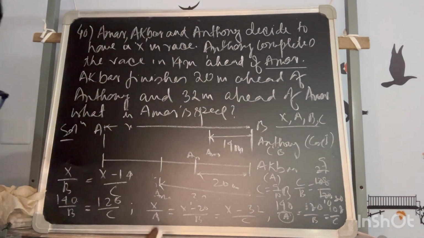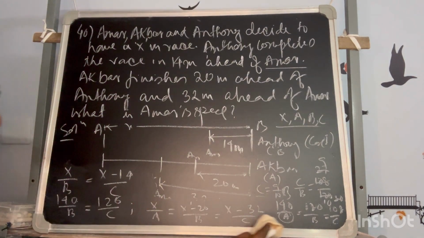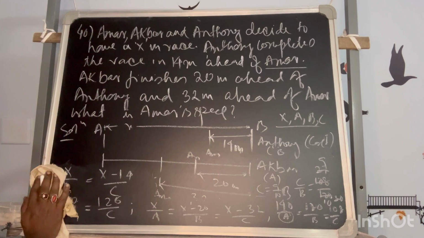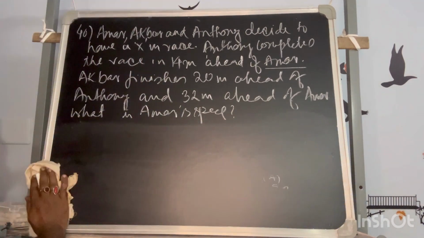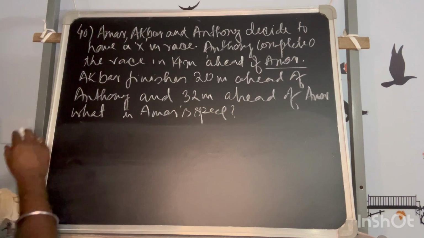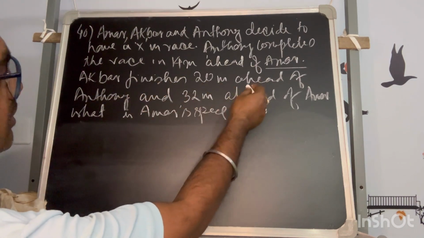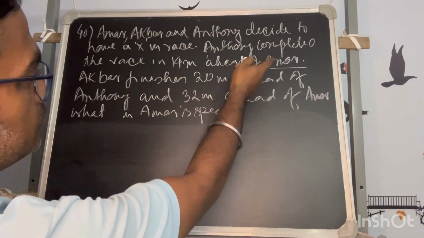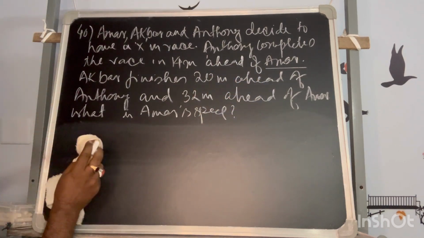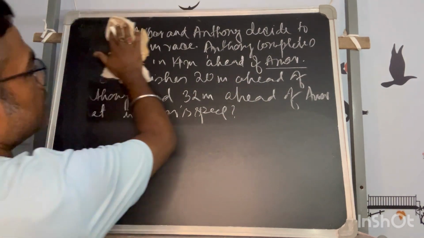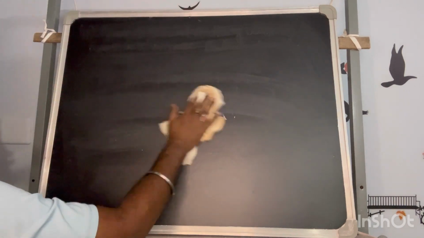But ultimately you will not get a definite value of a, b, c, rather you will get a comparison value. So the first equation will be the elaborate one. The second equation is a direct answer where you get the Amar speed with respect to the Anthony speed. Okay, so both processes are correct, but ultimately the answer would be 9/10 of the Anthony speed.